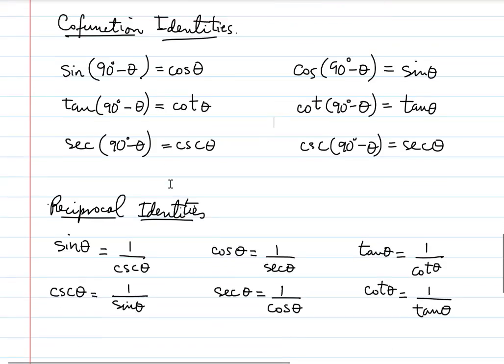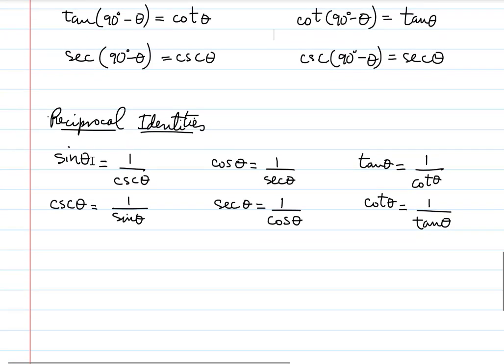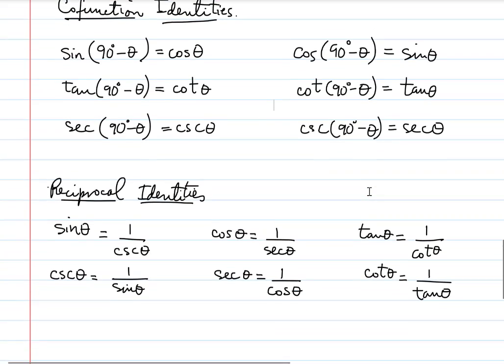So that's where these reciprocals come from. Sine is going to be 1 over cosecant, and vice versa. Cosecant is 1 over sine, right? And then we have cosine is 1 over secant, because from the definition, their ratios are just reciprocal of each other. I mean, these are easy to prove just using the plain definition.